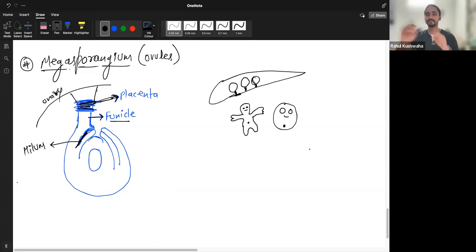So the hilum, the junction point, is an analogous structure to the navel where the umbilical cord is attached to a human, right? So if you imagine a human baby as a seed, which is attached through something to placenta, right? So here the seed, basically this part is the seed, and it is attached to placenta through this funicle, through this common junction called hilum.